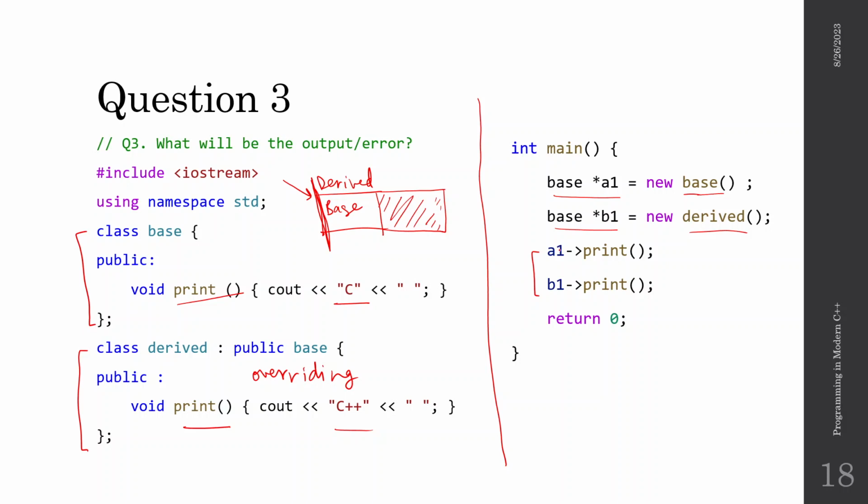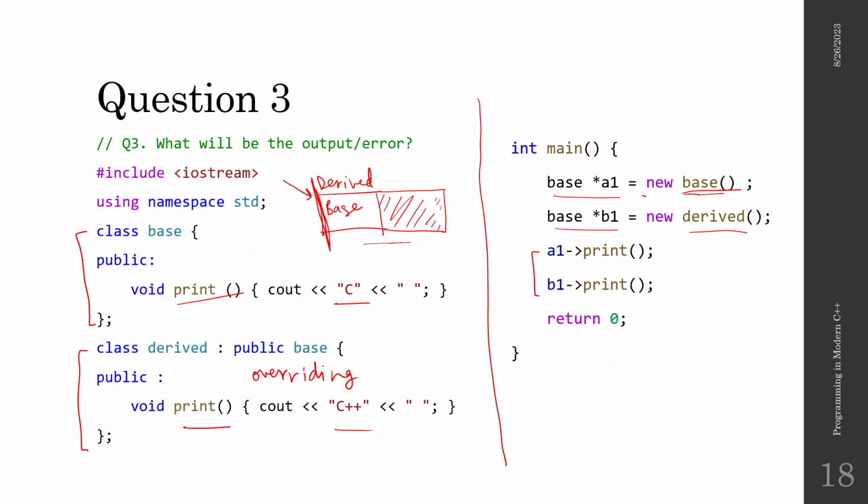In the first case it is simple. We create a base object and assign it to a base pointer, so it will behave as a base object only. In the second case we create a derived object, so this whole thing is created, but then we assign it to a base pointer, meaning that it is interpreted as a base object.